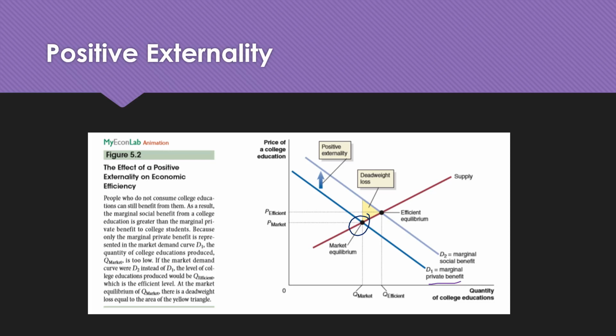But unfortunately, if we're operating at the market equilibrium instead, that yellow triangle there, which looks more like the one you saw with the rent ceilings and the price floors, is going to represent the deadweight loss.